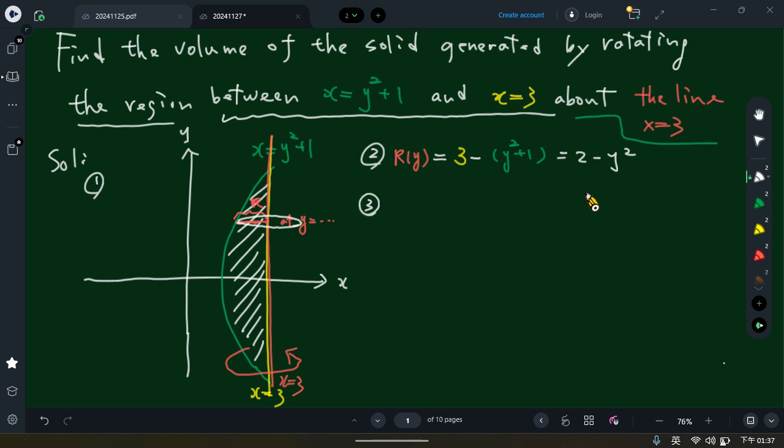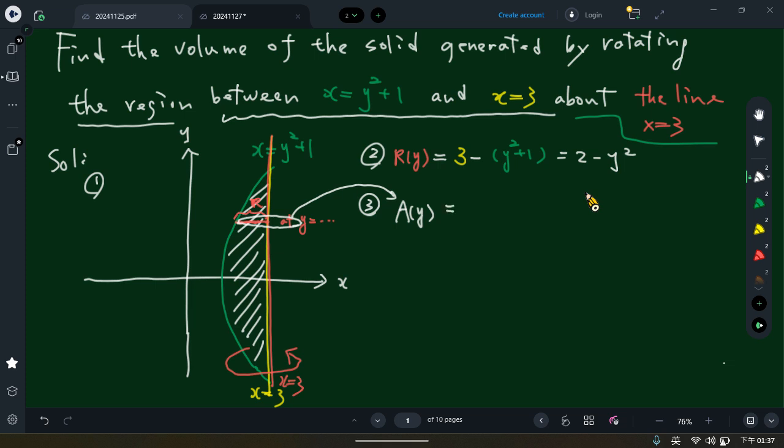The third one is we try to get the disk size, right? The disk size also depends on y. If y is here, we can get this disk. If r is here, we can get a little bit larger disk. So A of y will depend on R of y.